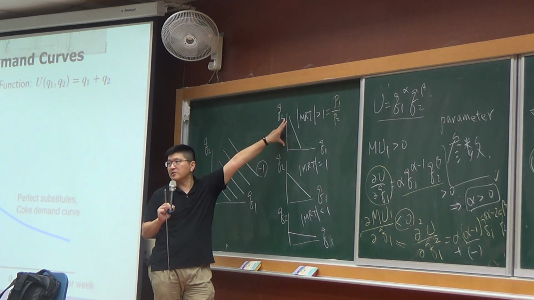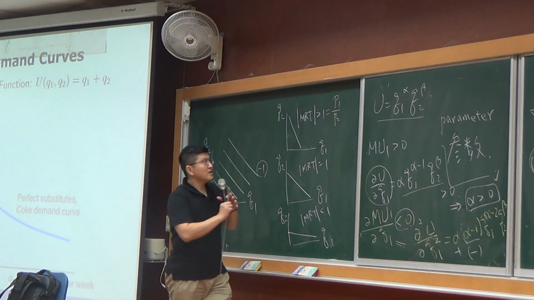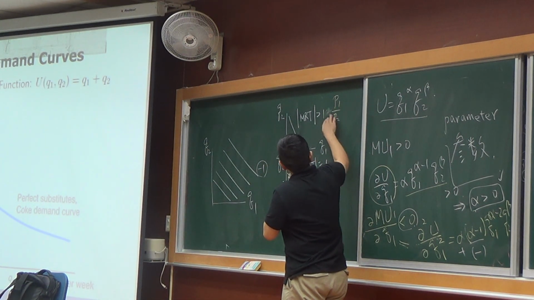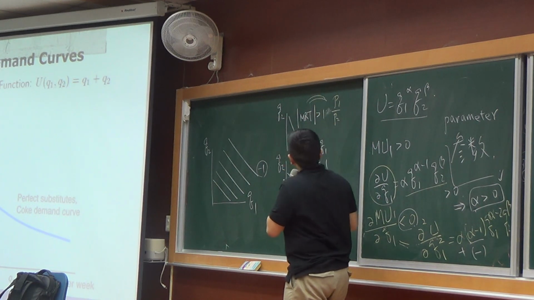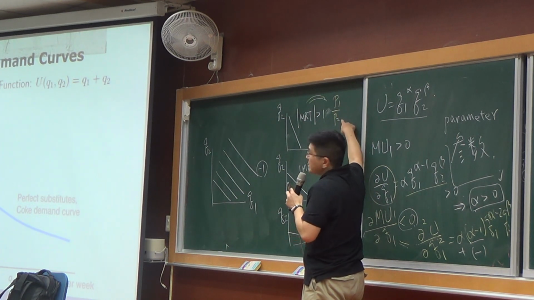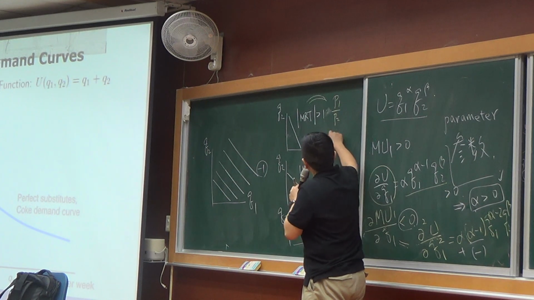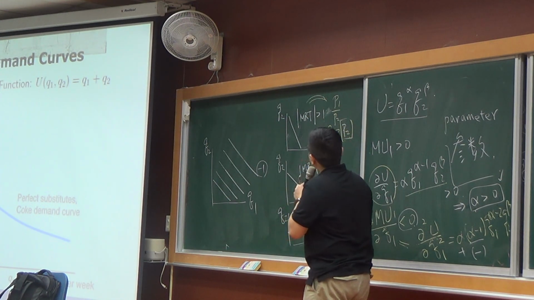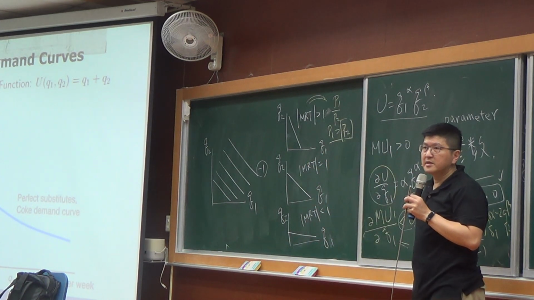Good 2 is cheaper, so that we may buy more, right? Okay. So in this case, just like this. So P1 over P2 is greater than 1, which means P1 is greater than P2. So good 2 is cheaper.